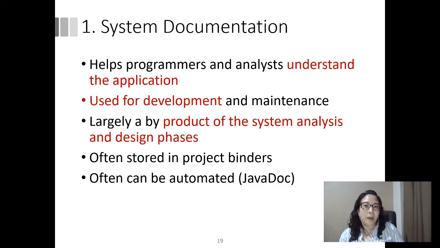If we build a program, then it will consist of the program code. It will explain how many classes we have, how many variables, how many procedures, how many functions, and everything related to the program.